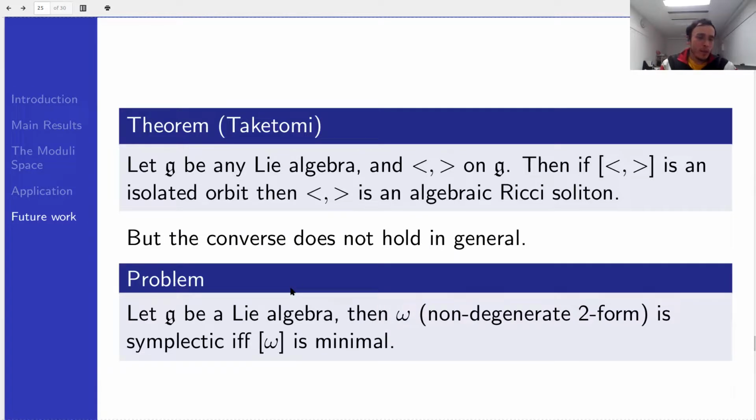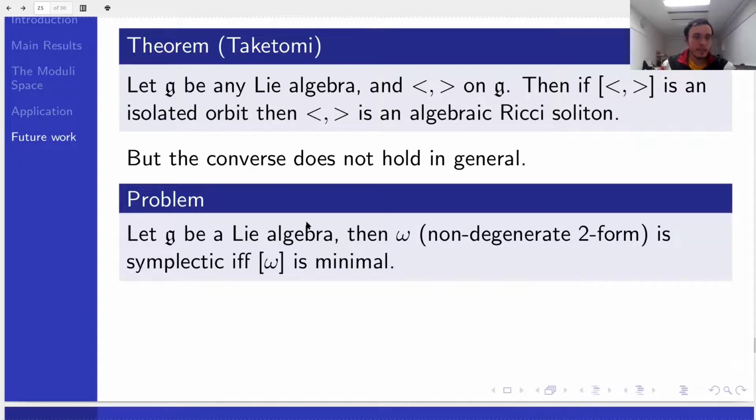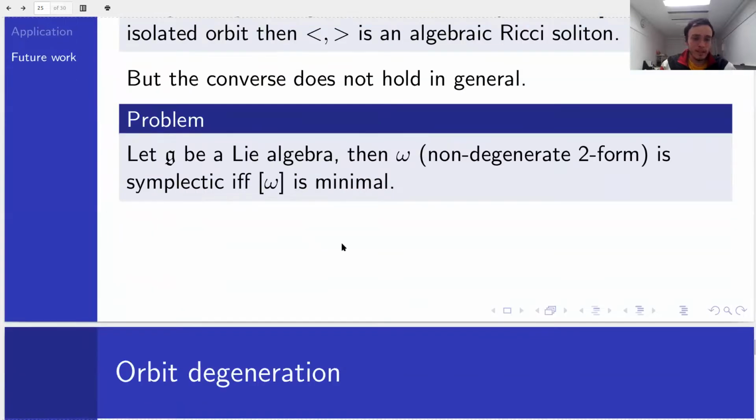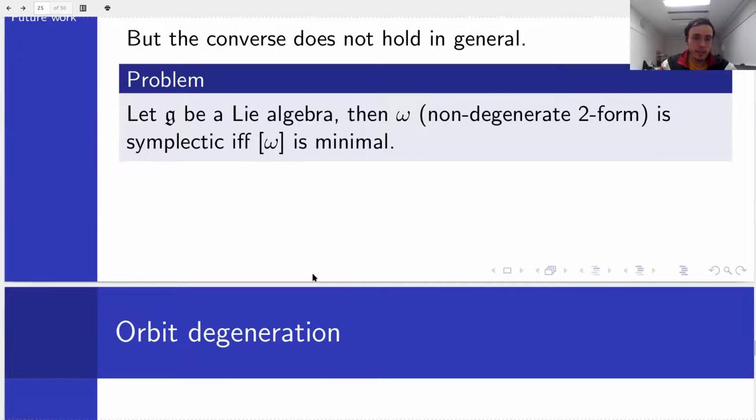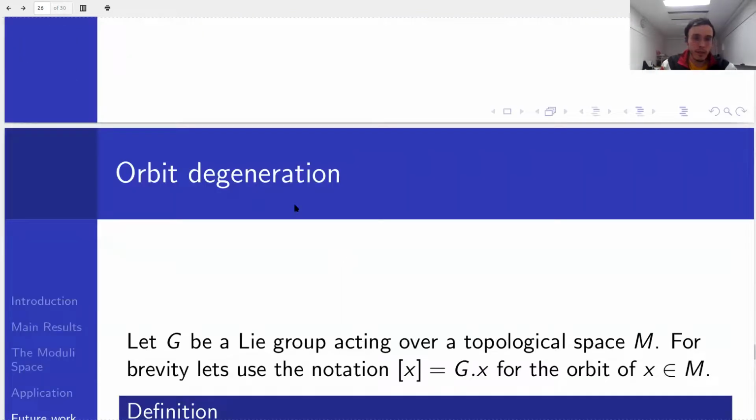Related to these ideas, something that can be useful, and what I have been thinking lately about how to use this idea to search for symplectic forms, is the idea of orbit degeneration.